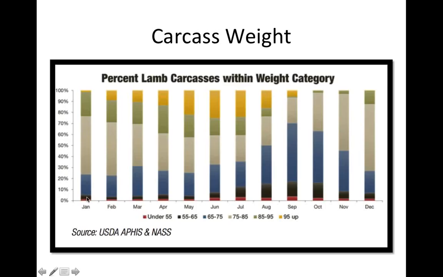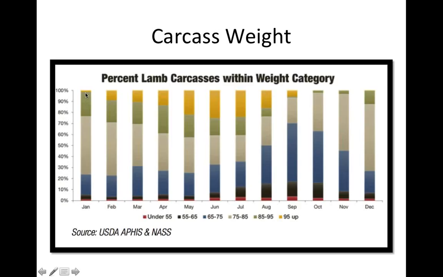And even fewer of those, or just slightly more, I should say, are in that 55 to 65 pound range. Then the blue is 65 to 75. This lighter colored, kind of a tan color, is 75 to 85. The green is 85 to 95, and then yellow is 95 and up.